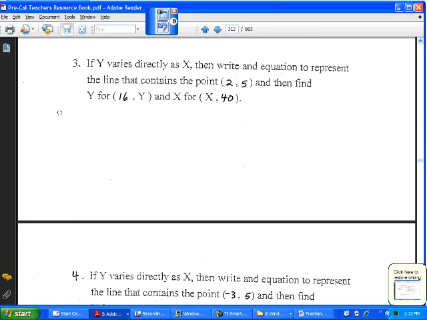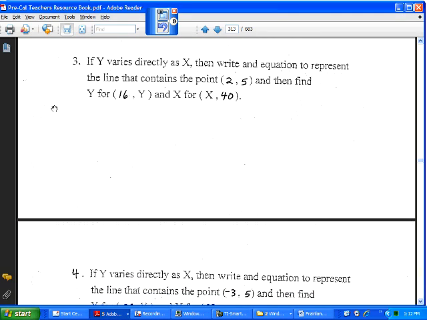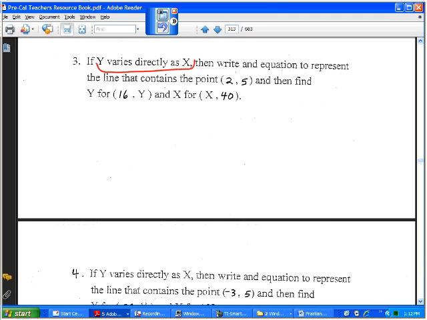Number 3. If y varies directly as x, direct variation, that tells me that my y-intercept is 0 and that my slope can be calculated by using how many points? Only 1 point. And the slope is the y over the x of that 1 point.